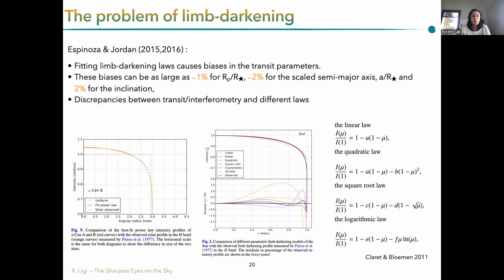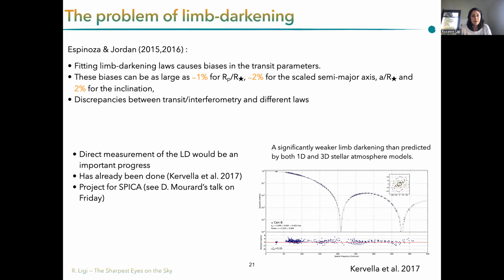So in interferometry, we use different laws, and we know that it gives different results. But the good news is that measuring directly the limb darkening is possible, and it's been done with Alpha Cen by Kervella et al. And actually, they found that the limb darkening was weaker than predicted by the model when they used 3D.